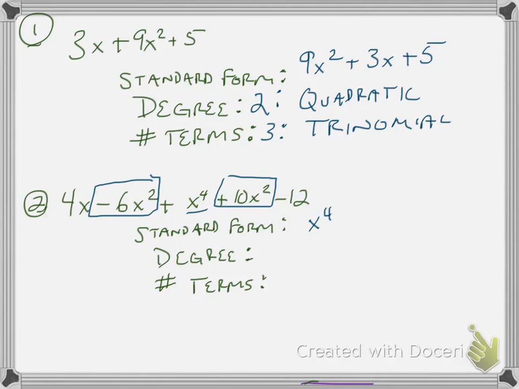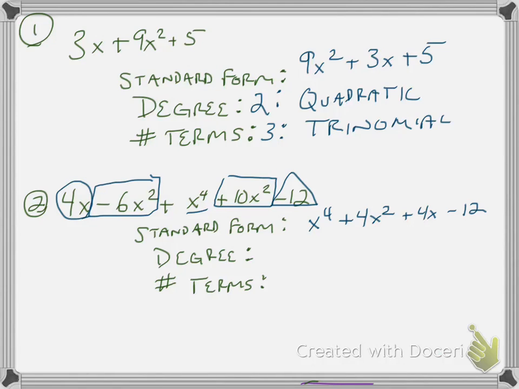So that's going to become positive 4x squared. Then my x term is 4x. And then my constant is negative 12. You see, I put a different shape or did something different for each term. Everything is accounted for. I've used every one of them. I put it in the right order. So that's the standard form.